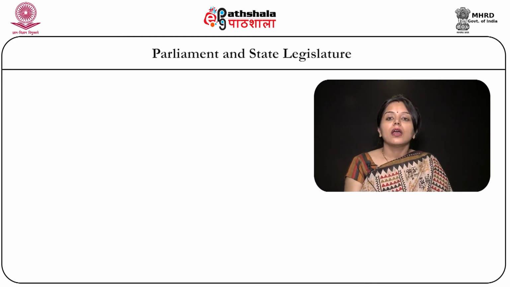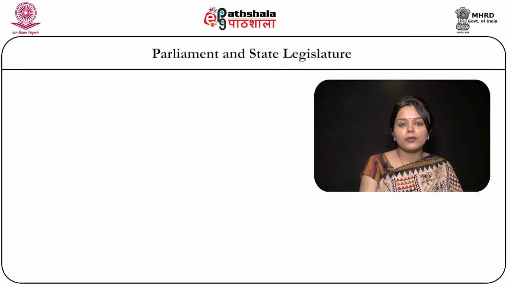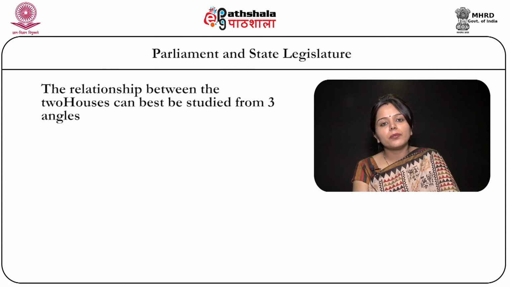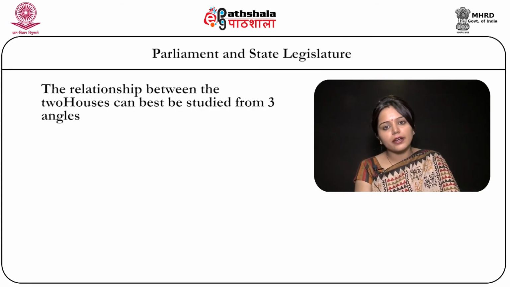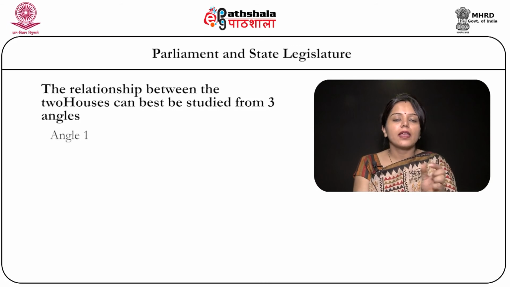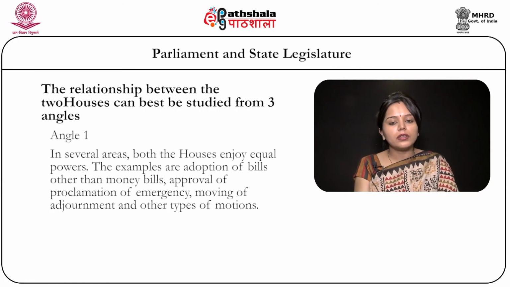So, after discussing the parliamentary privileges, I would like to discuss the relation between the two houses, which can be best studied from three angles. And these angles are: angle 1, in several areas, both the houses enjoy equal powers.